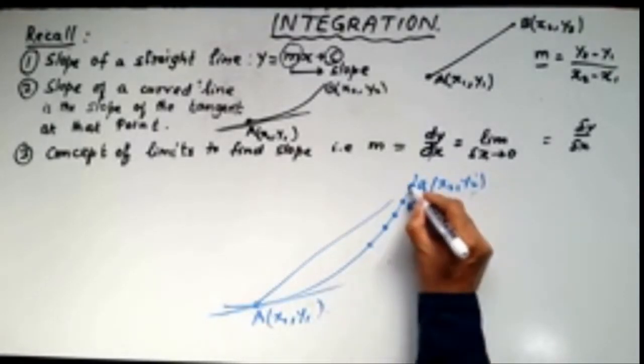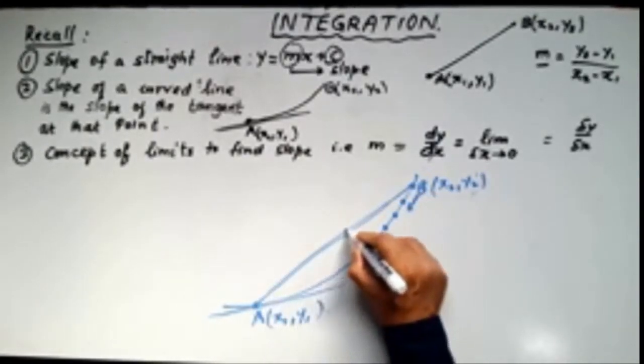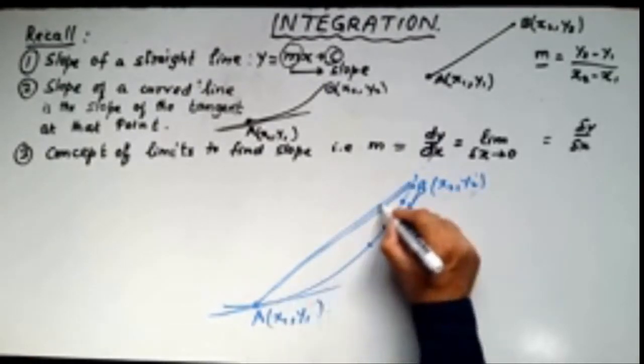We can easily see that if we draw a line AB, we have a certain slope.